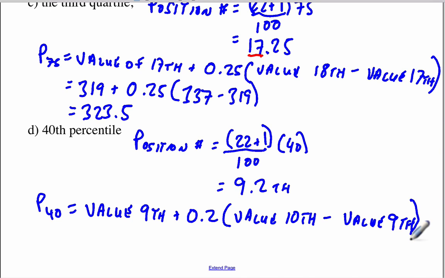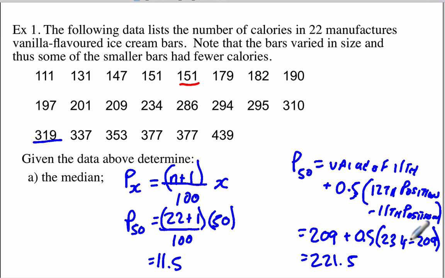So when you go up to our numbers that have been arranged in order, the 9th value is 197 and the 10th value is 201.